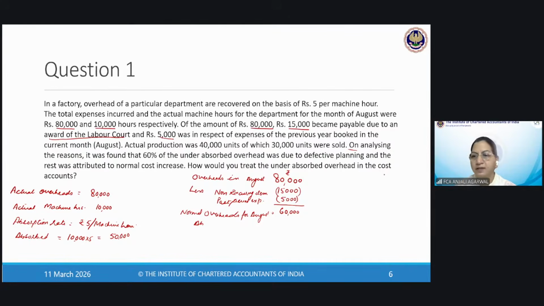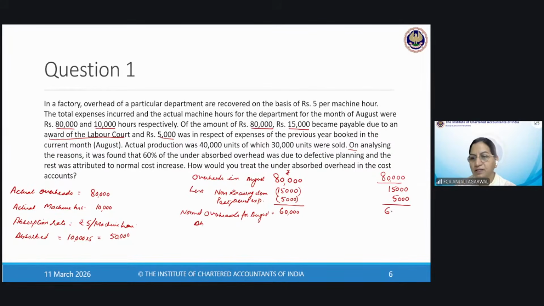The question is that 80,000 expenditure was incurred in August, out of which 15,000 was because of the labor court award and 5,000 related to the previous period.